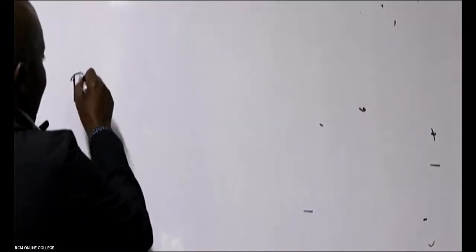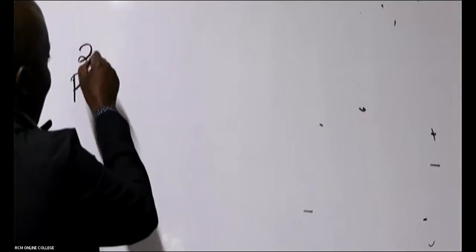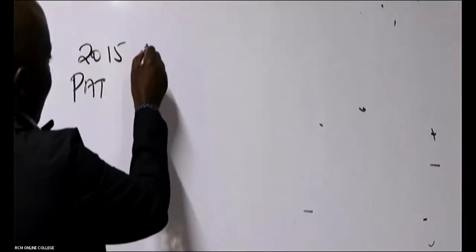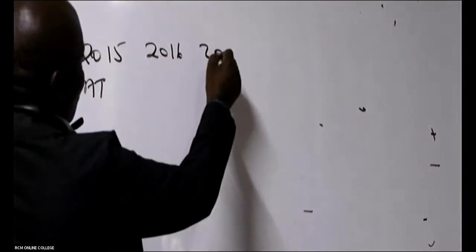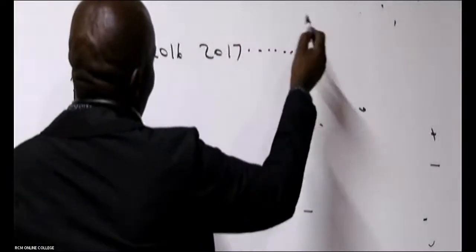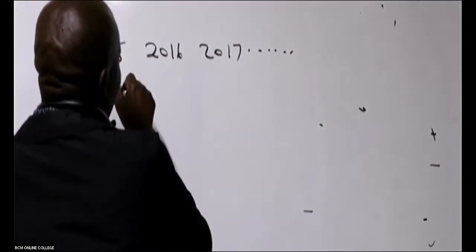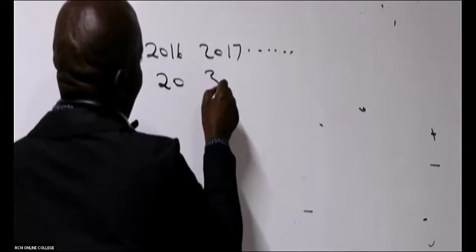And then somebody is asking, how do we estimate cash flows in real life? It's very easy. You can even do this at your workplace. You have your PAT, for example for 2015, 2016, 2017, maybe 10, 20, 30.